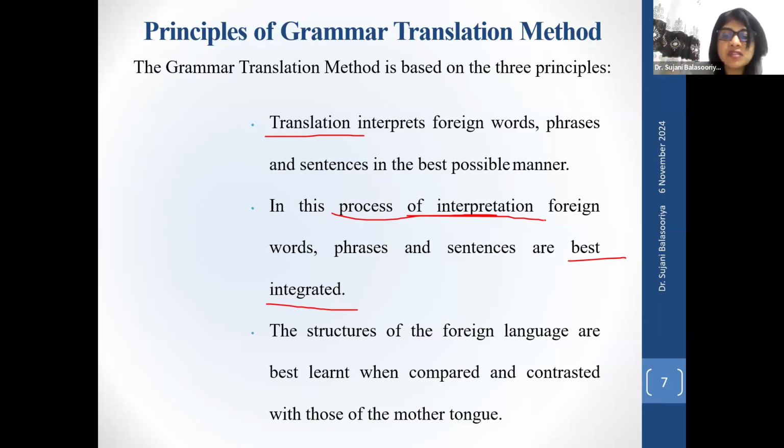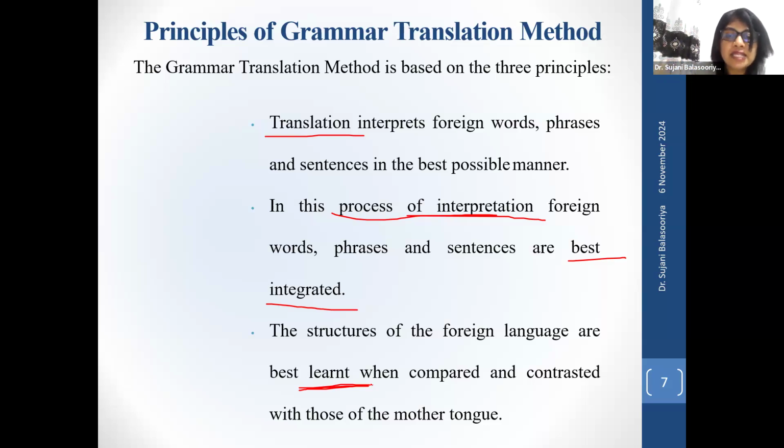Another principle: the structures of the foreign language are best learned when compared and contrasted with those of the mother tongue. Okay, these are the 3 principles. One is translation itself interprets these target language elements correctly. Second principle, the process of interpretation of these target language elements is happening correctly, best integrated actually.